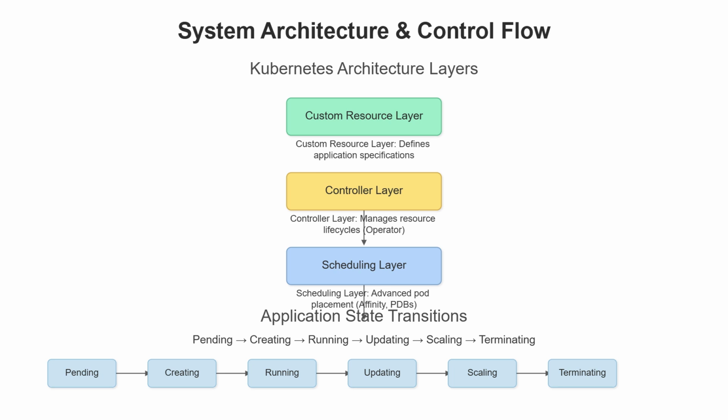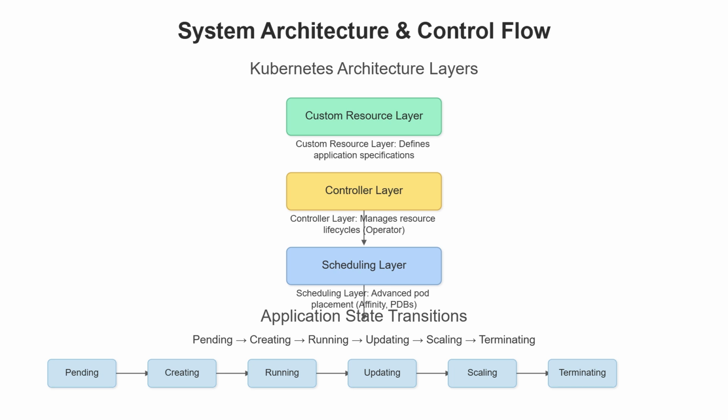Second, we have the controller layer. This is typically a Python-based operator or similar that manages the resource lifecycles. It's the how, taking your specifications and making them a reality in the cluster. And finally, the scheduling layer, which handles advanced pod placement using rules like affinity and anti-affinity, ensuring pods land on the right nodes and always available.